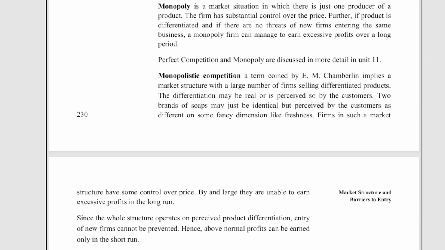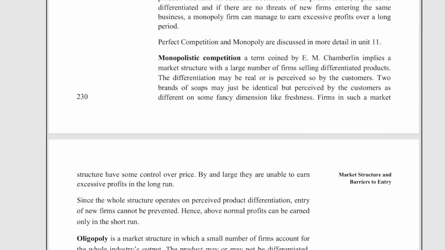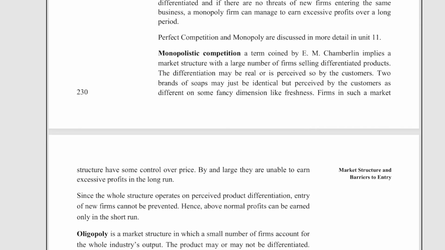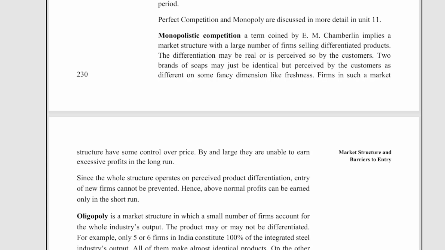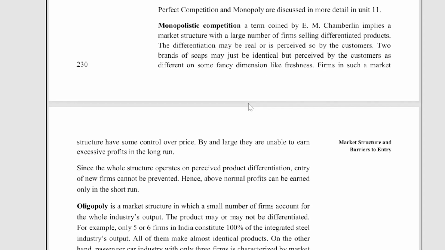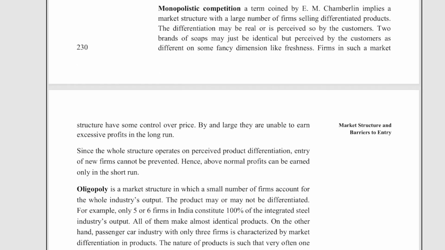And monopolistic competition, a term coined by E.H. Chamberlin, implies a market structure with a large number of firms selling differentiated products. The differentiation may be real or is perceived so by the customer. Two brands of soap may be identical but perceived by the customer as different on some fancy dimension like freshness.